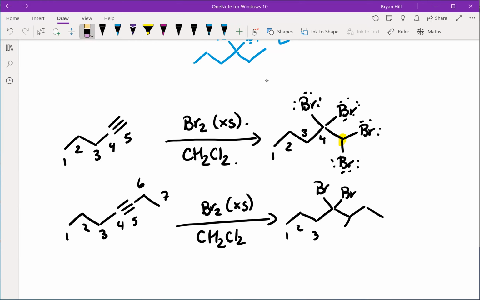Erase this mess. I don't know why I'm compelled to draw these lone pairs. It's just a weird compulsion. I never used to. Something's happened to me in old age. Okay, so we'd have a tetrabromide in each one of these cases. Somebody at some stage found these molecules interesting, so you can make them. So it's basically the bromination just happens twice. There's nothing particularly interesting about it.